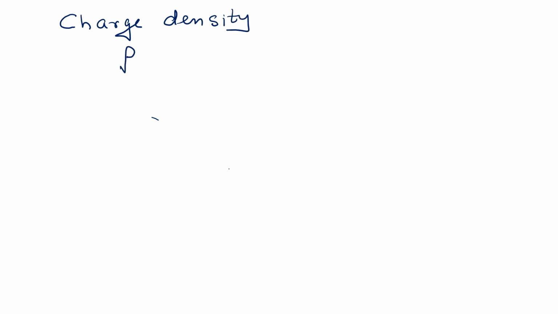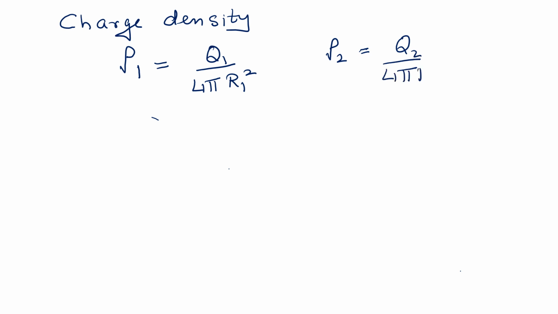Charge density ρ1 would be Q1 divided by the surface area, and ρ2 would be Q2 divided by surface area, and we are assuming R2 is greater than R1.